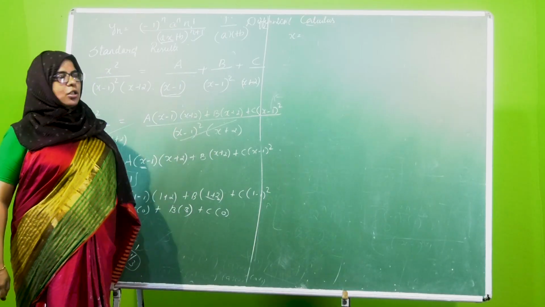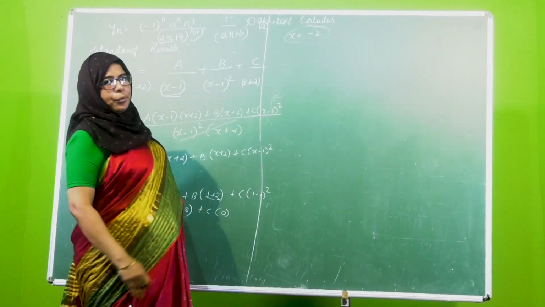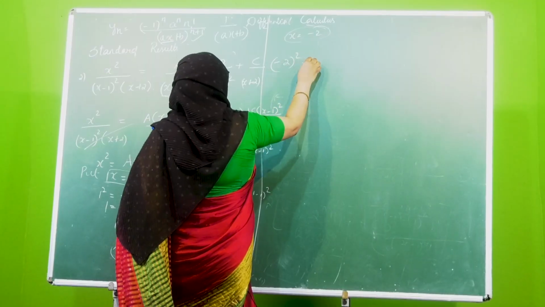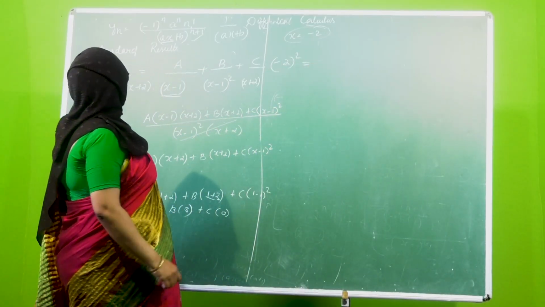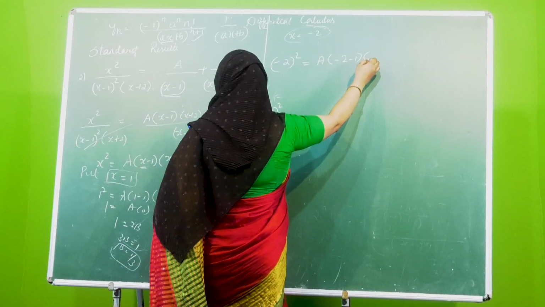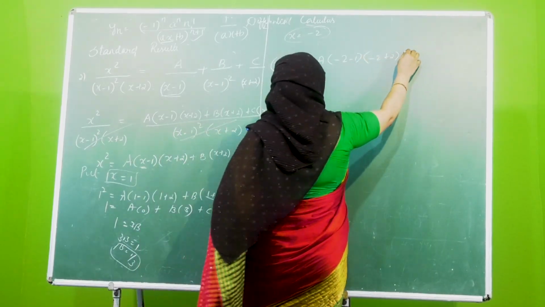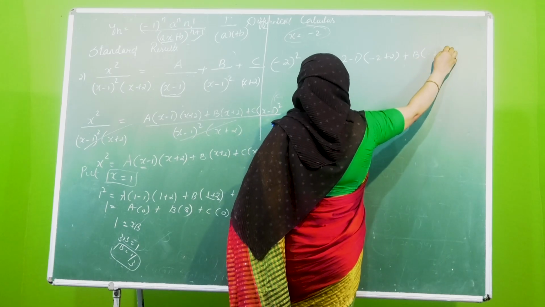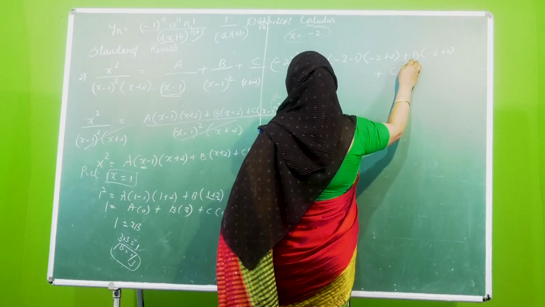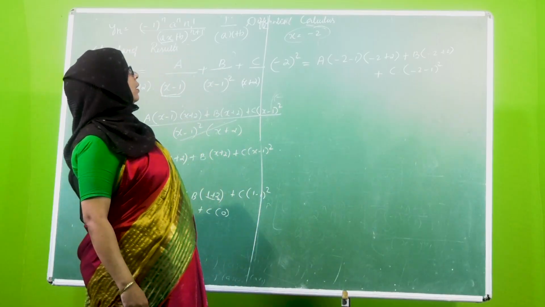Obviously, minus 2. So x is equal to minus 2. So minus 2 squared is equal to A into (minus 2 minus 1)(minus 2 plus 2) plus B into (minus 2 plus 2) plus C into (minus 2 minus 1) whole square.